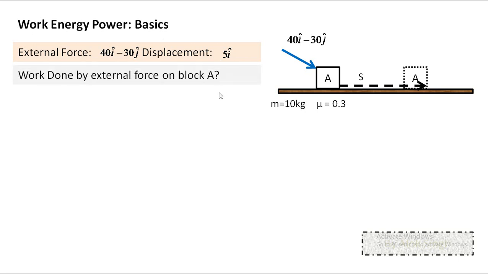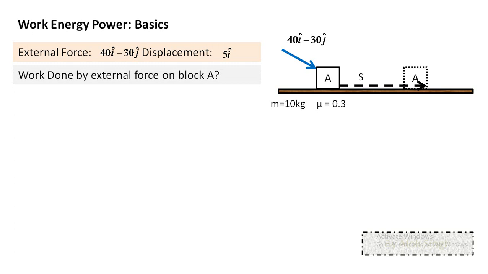So what is work done by external force on block A? Here there are two ways to calculate work done. One is in terms of dot product, or the other in terms of magnitudes multiplied by cos of angle. Since quantities are given in vector form, we will take the dot product, which is easier.